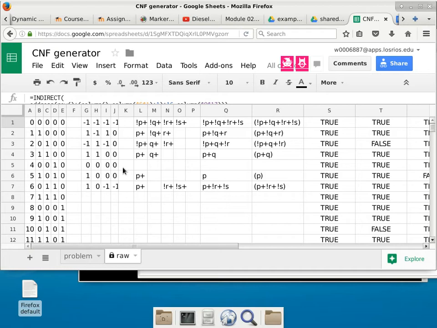You can turn this spreadsheet into something that can check whether something can resolve to contradiction. That you can do. You can basically give it these. You can tailor columns G, H, I, and J so they're not randomized. So that way you can basically indicate your own CNF and check whether it is resolvable or not.